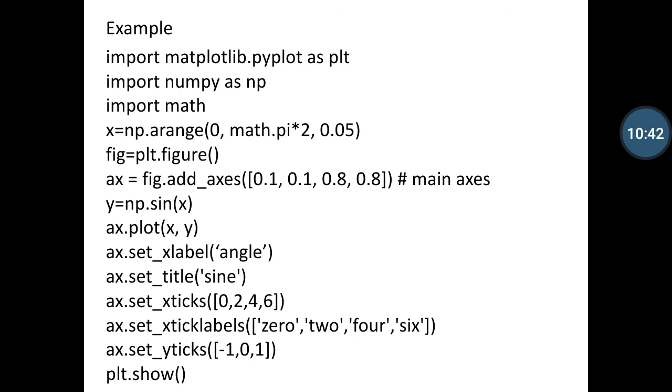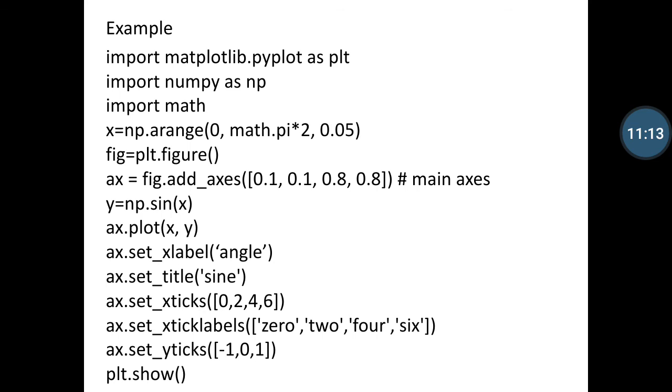Then I create a y variable using the sine value of x. So I write here np.sin and put the x value to calculate the sine values, and ax.plot(x, y) plots the x and y axes of the graph. After that I am setting the labels.